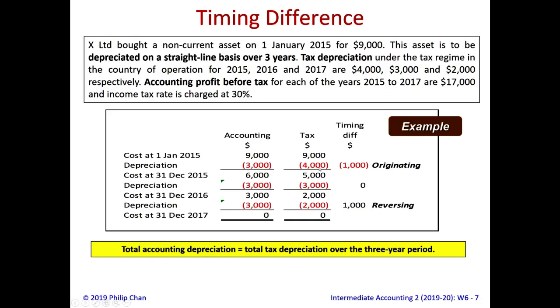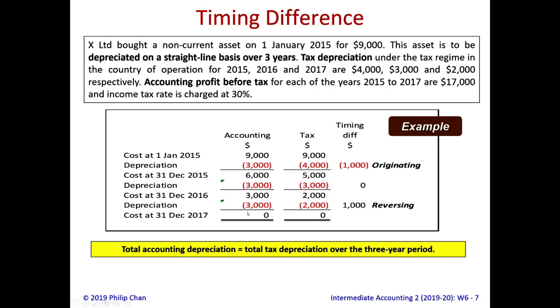Higher than the taxable profit by 1,000, and therefore it originates a timing difference of 1,000. All right. Next year accounting and the tax depreciation, they are exactly the same. So there won't be any further timing differences generated. But remember, the 1,000 you have originating in the year 2015 did not reverse. So it would carry forward to the end of 2016.